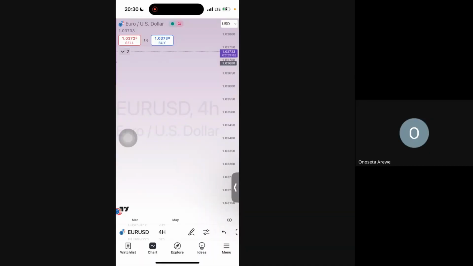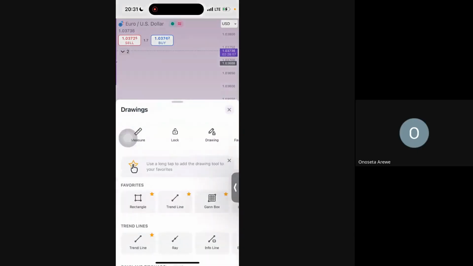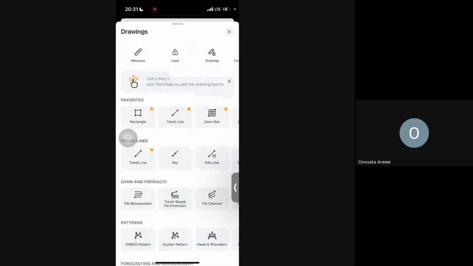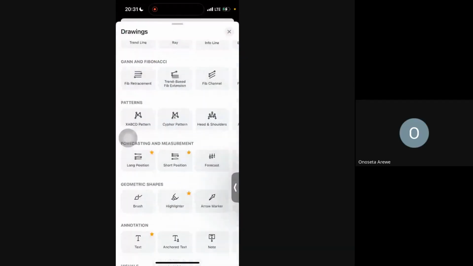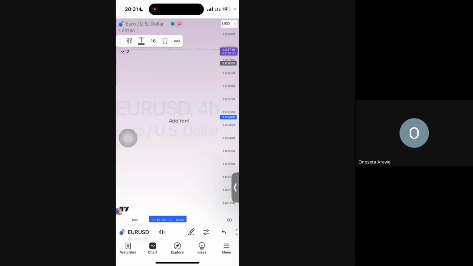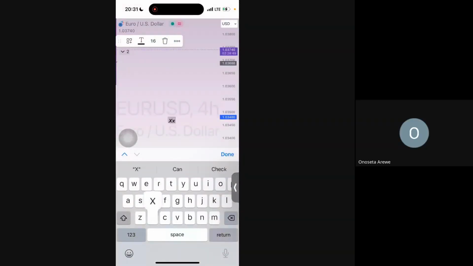Now for USD pairs, when I say USD pairs, I mean XXX USD. Anything slash USD. That is what I mean. XXX slash USD, which means EUR USD, AUD USD, NZD USD.